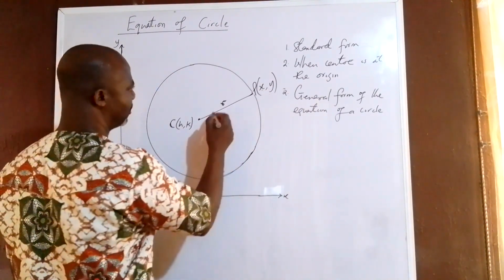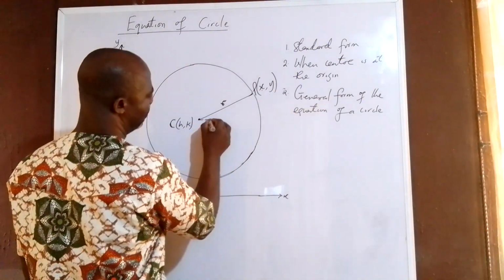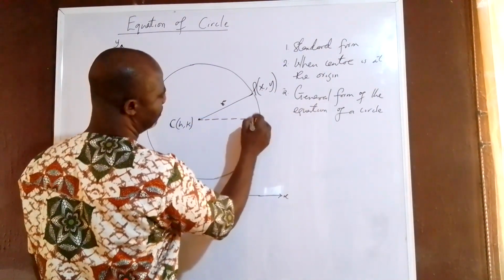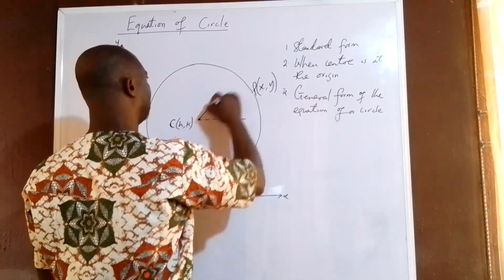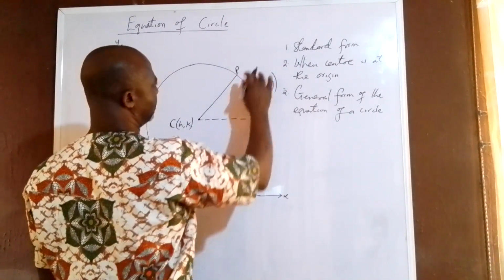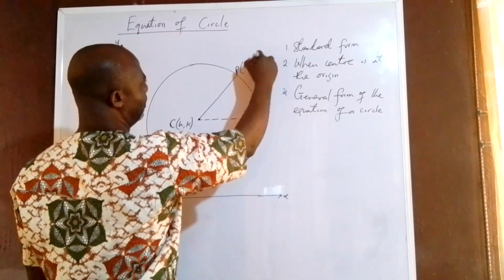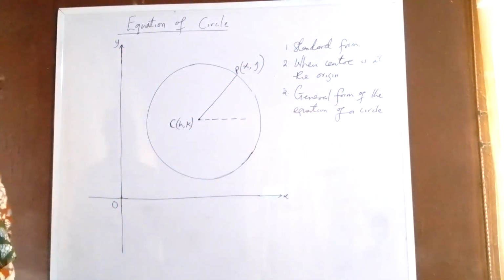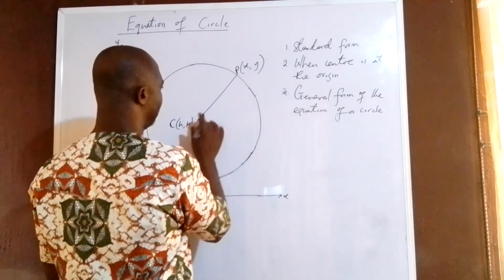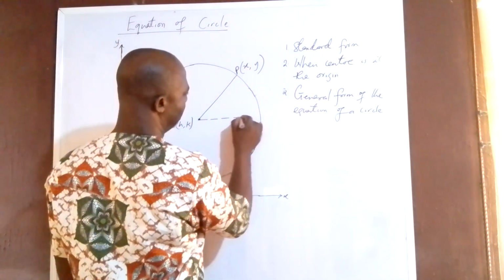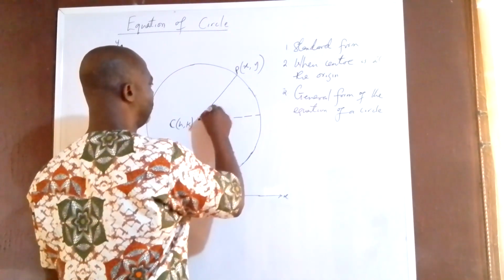In order for us to do that, I'm going to draw a line. That's another radius. Let me redraw this so that the point P is at this edge here and has coordinates X, Y. And then of course I'm going to extend another line, and then we have an angle in between.